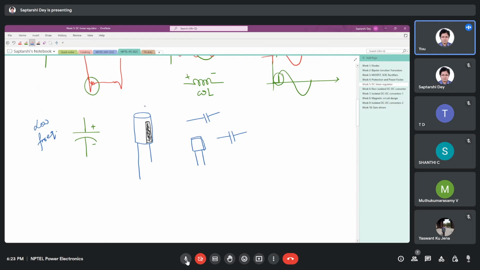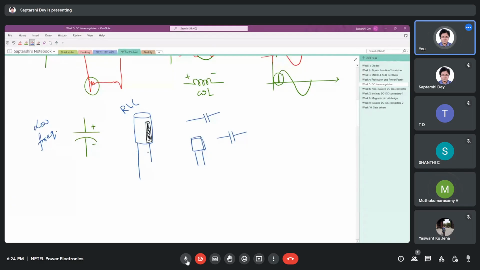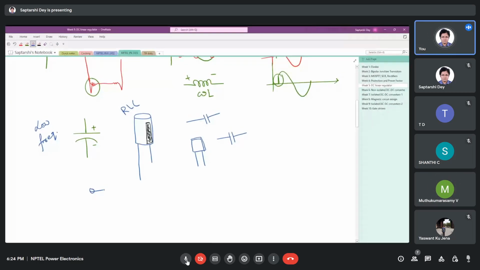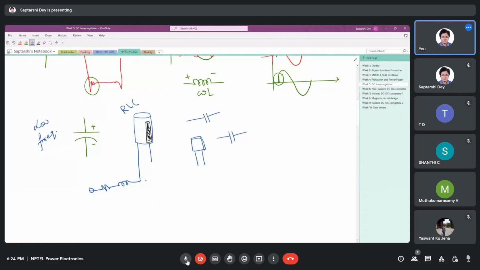These electrolytic capacitors are nothing but RLC circuits inside. If you can draw the equivalent circuit as this, and if you open this, you will see it is nothing but a roll of paper.